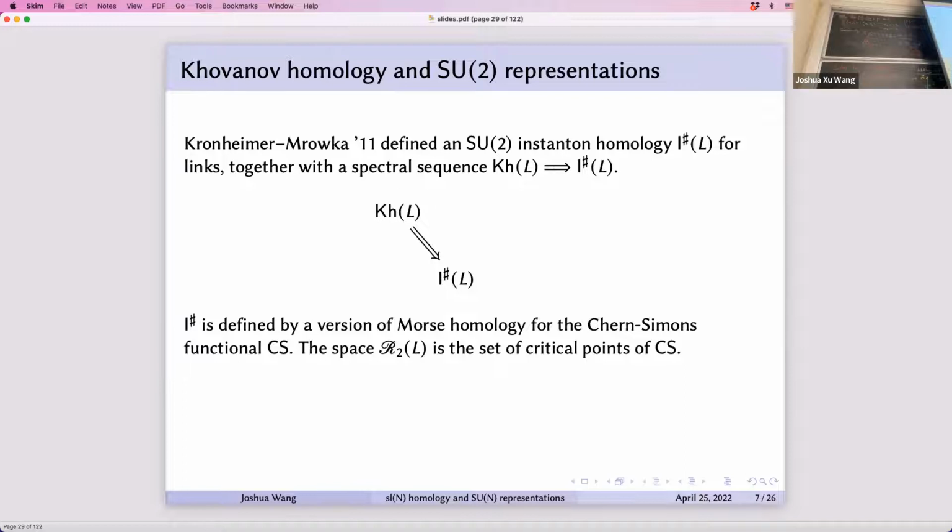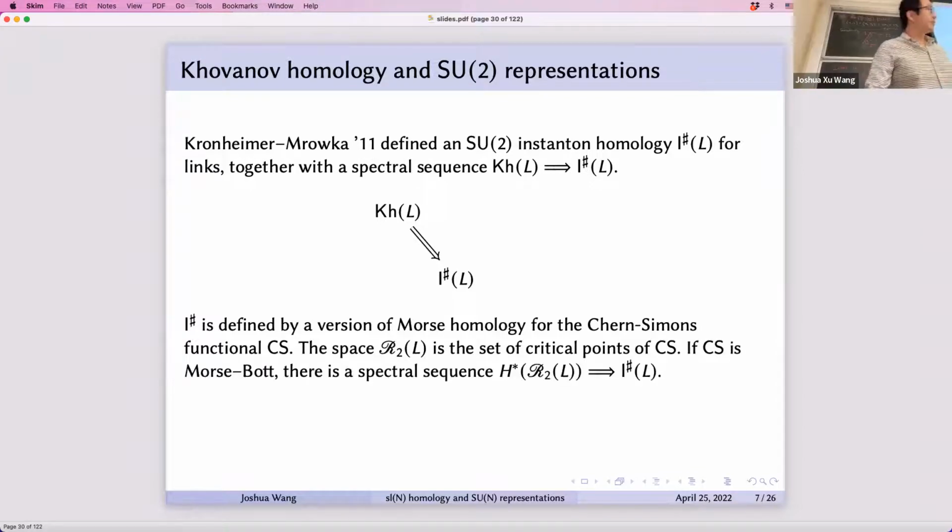So the function itself is not Morse because its critical set is a manifold. It's not a collection of discrete points. However, if that Chern-Simons functional happens to be Morse-Bott, then you would expect a spectral sequence from the cohomology of the critical set to the actual Morse homology.